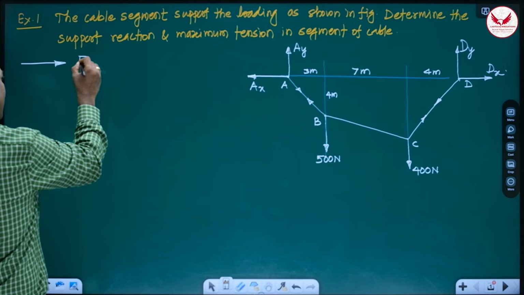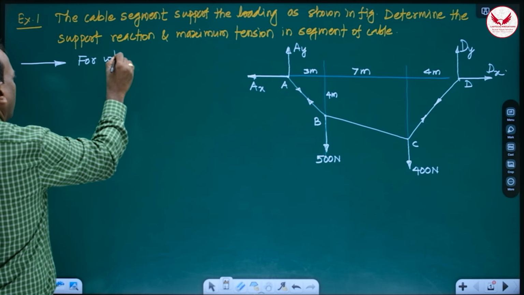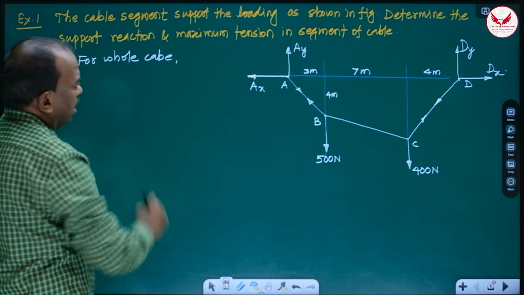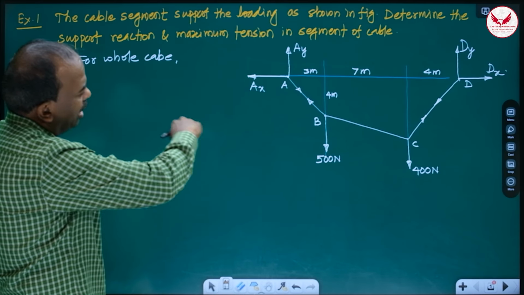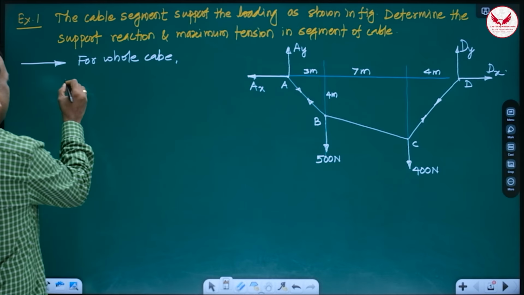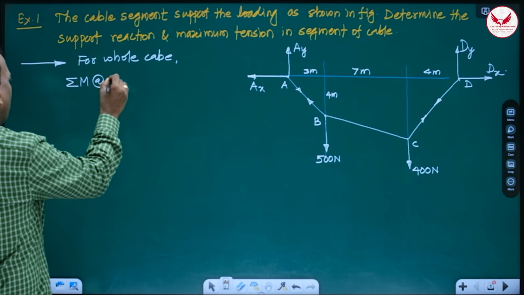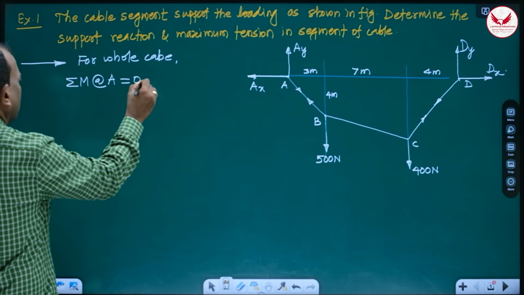So for the whole cable, take the moment either at A or D. Conditions of equilibrium: summation M about A equals 0.